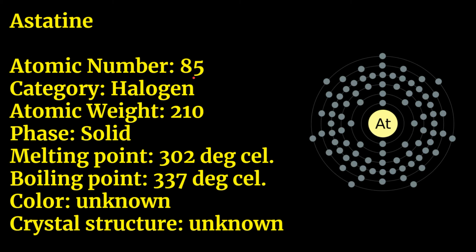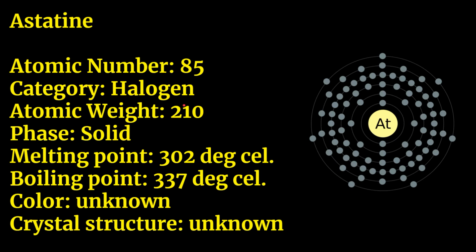However, their claim was disputed after other scientists failed to recreate or reproduce their processes successfully. As you all know, scientific theories must be reproducible. So let's check these properties. Here we can see that the atomic number is 85, and it falls under the halogen category.